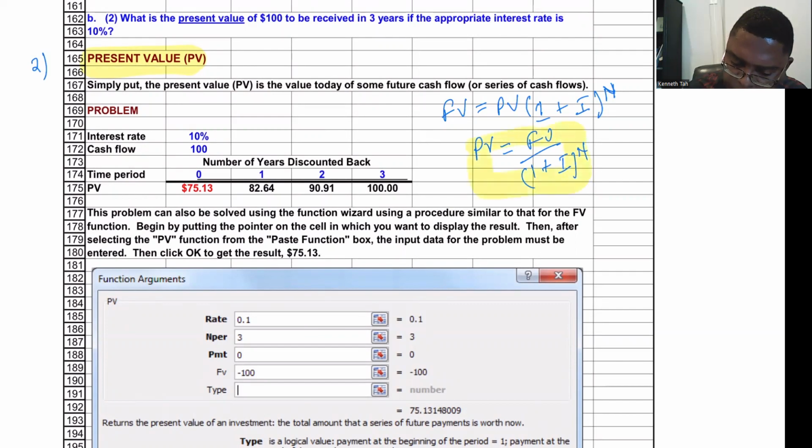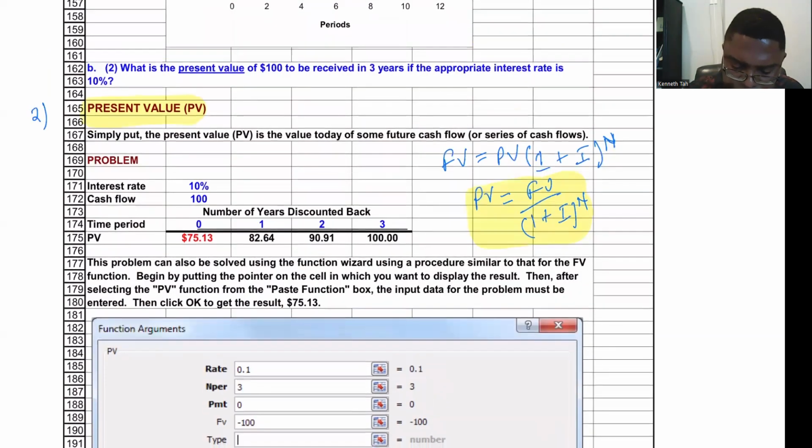Again, present value is future value divided by a discount factor, and that discount factor is 1 plus i for interest rate raised to the power n. So we can look at a simple example.